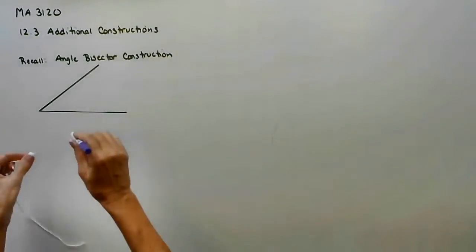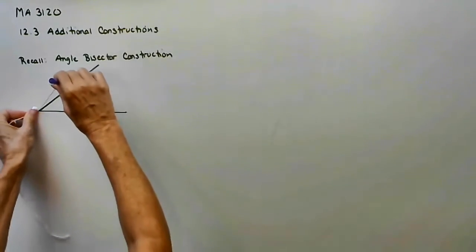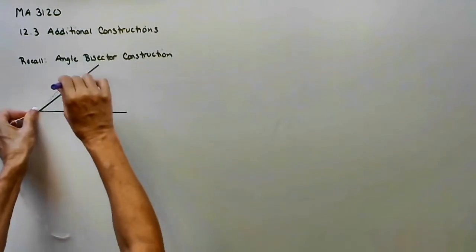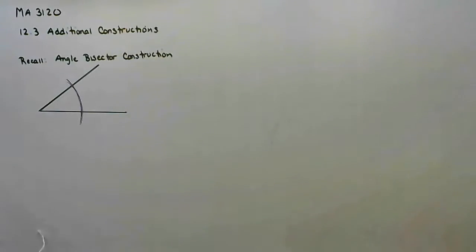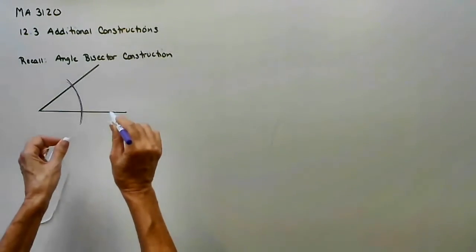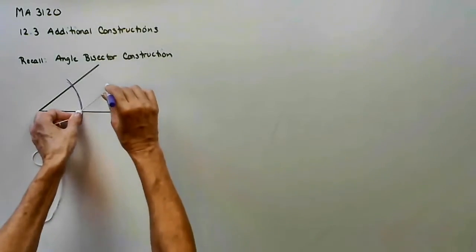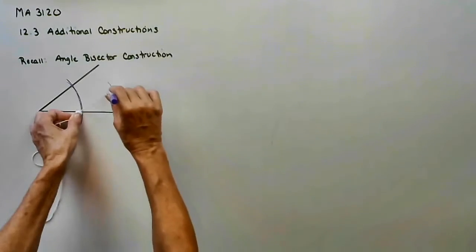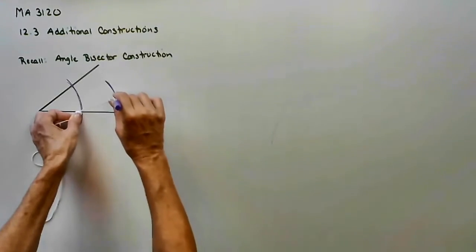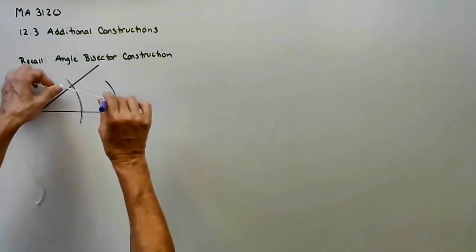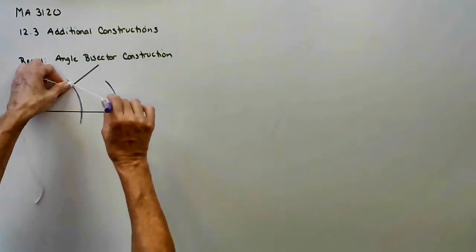So I'm going to open my compass up. I'm going to swing an arc. Now, from each of those points of intersection, you can keep the distance the same or not. It does not matter. I'm going to come out here into the interior part of the angle and create an arc and do the same thing from the other point of intersection.